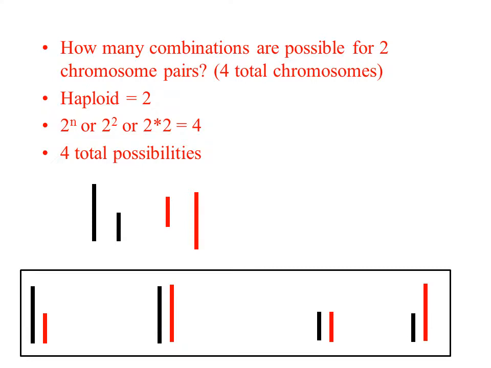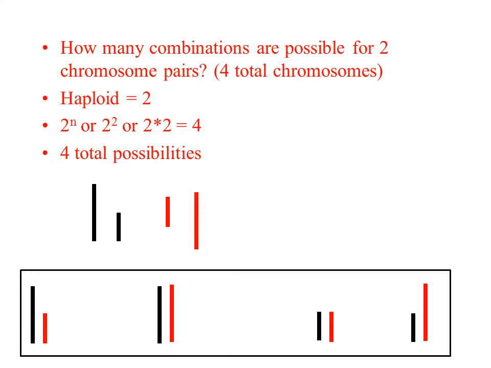We're asking, how many variations do we have in reference to the gamete? Someone said this reminds them of the FOIL method. So you take a line and you draw from the tall black or big black to little red. That's one gamete. Then you go from big black to big red.